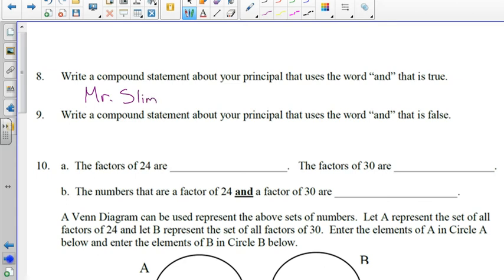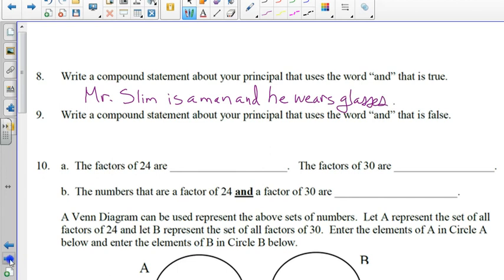Is he a male? Okay, male. He wears suits.